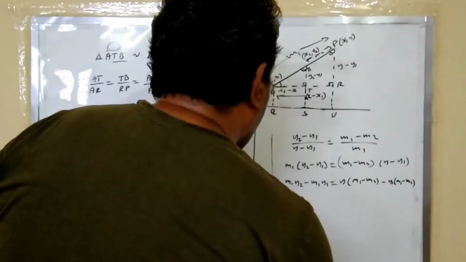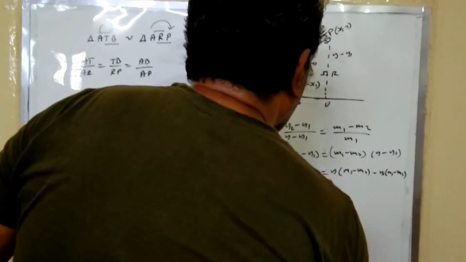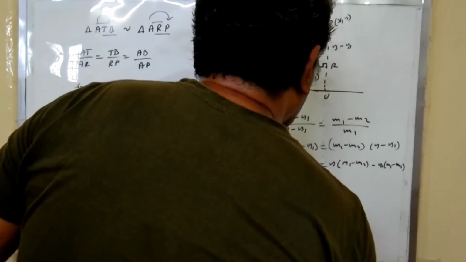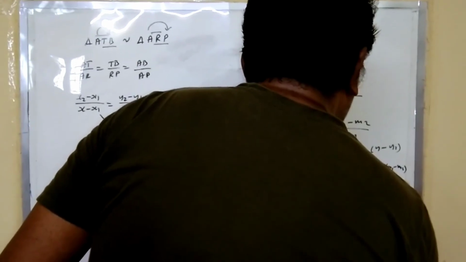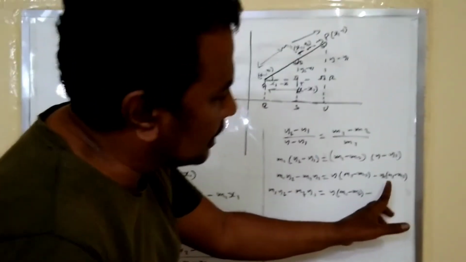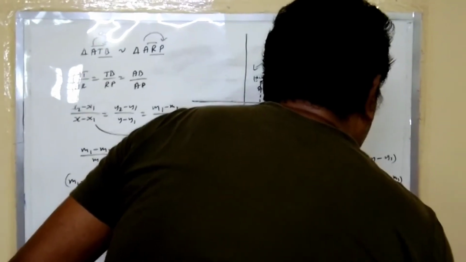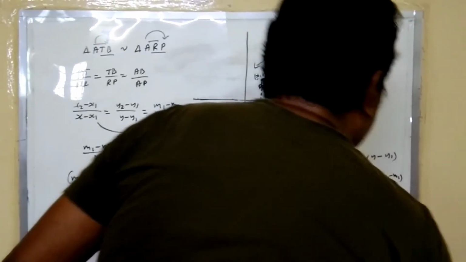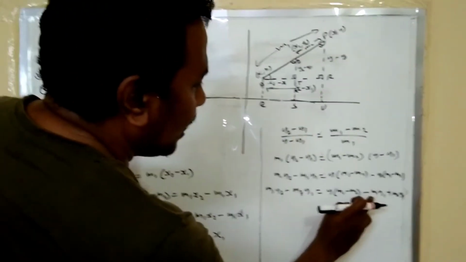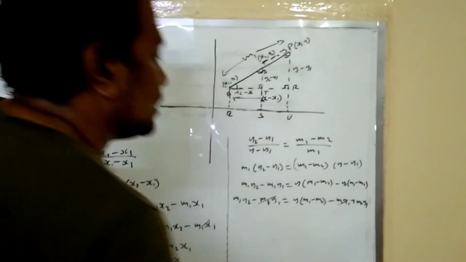M1 y2 minus M1 y1 is equal to y into M1 minus M2 minus y1 into M1, minus and minus plus M2 y1. So here minus M1 y1 and minus M1 y1 both get cancelled.